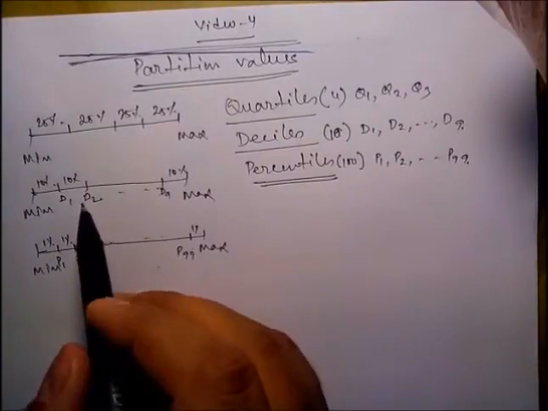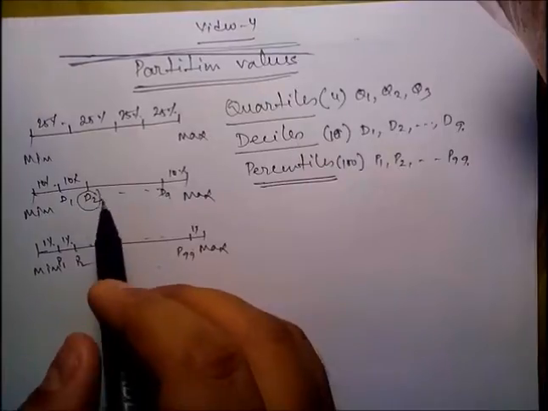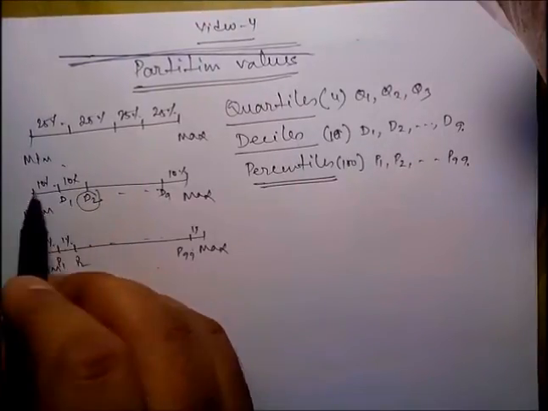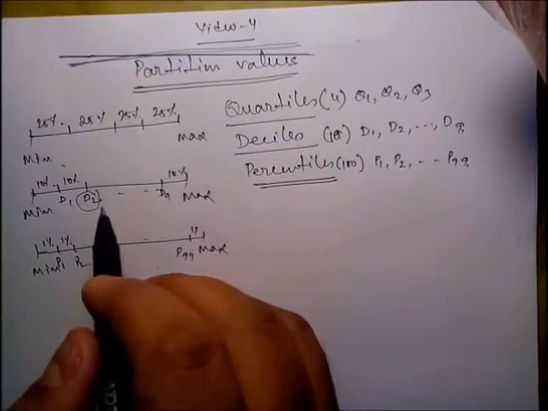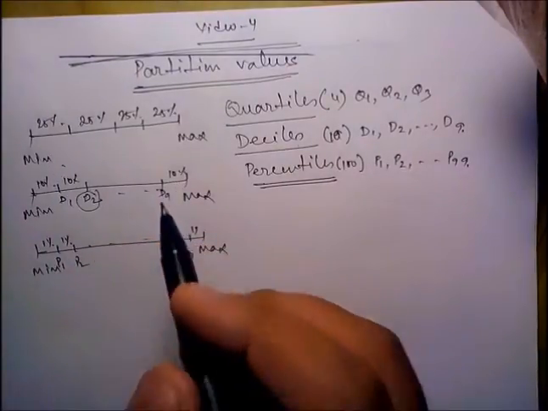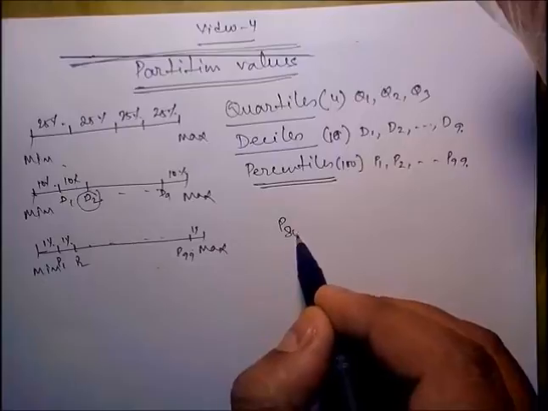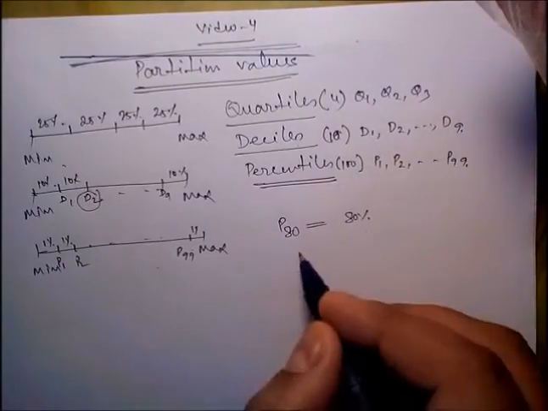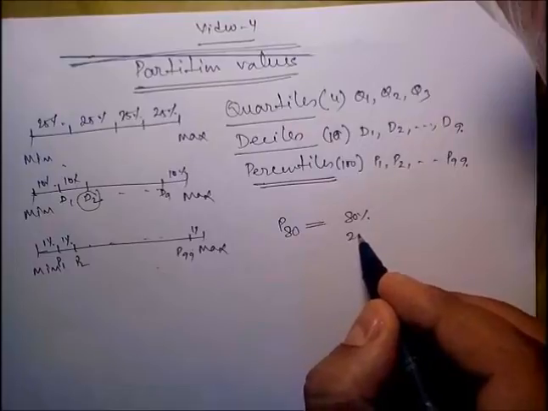Now what about D2? D2 divides the data into 2 parts. On the left side there is 20% data, and on the right side there is 80% data. Similarly, if it is P80, the left part has 80% data and the right part has 20% data.